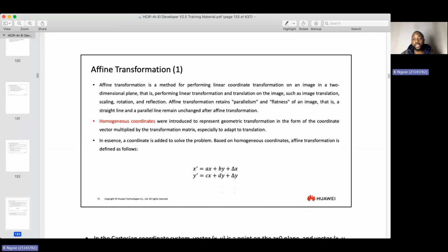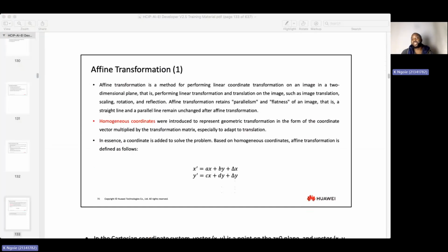An affine transformation is a transformation that will preserve points, straight lines, and parallelism, but may change the position, the scale, the rotation, or the shear of an image. Affine transformations are widely used for image alignment, pre-processing, and data augmentation.